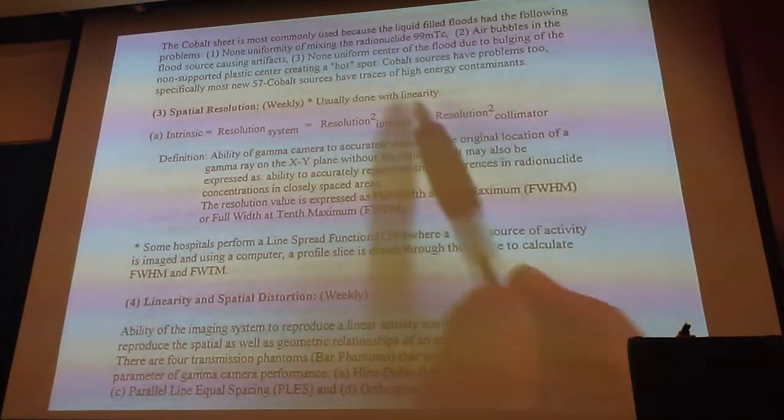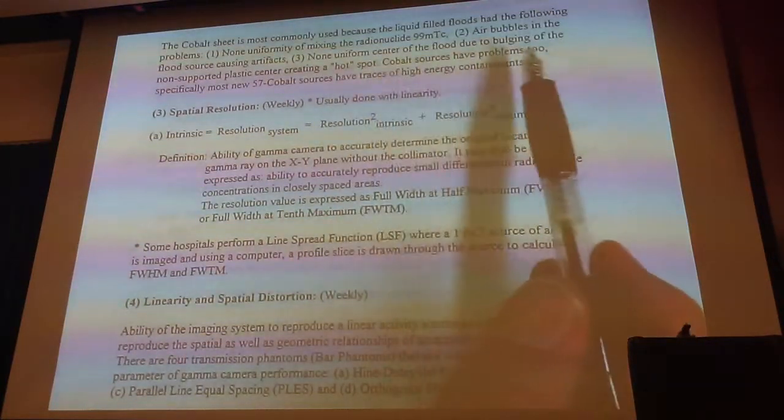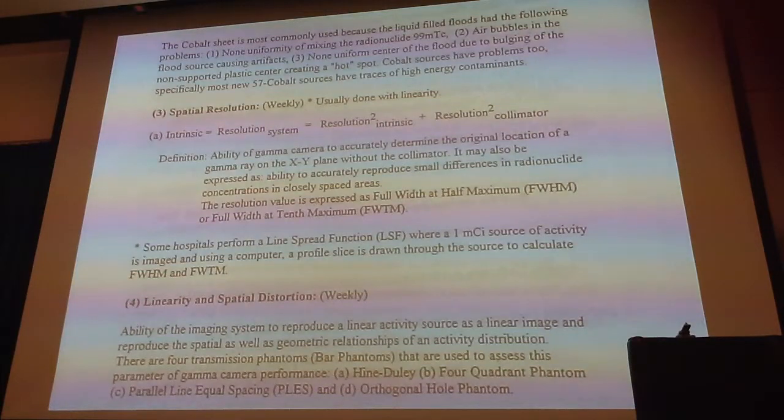Anyway, so what you're basically looking for are hot spots and cold spots on your floods. And I gave you guys a good example. While I'm locating it, I want you to take a look at this one. Do you guys have a GE dual head?